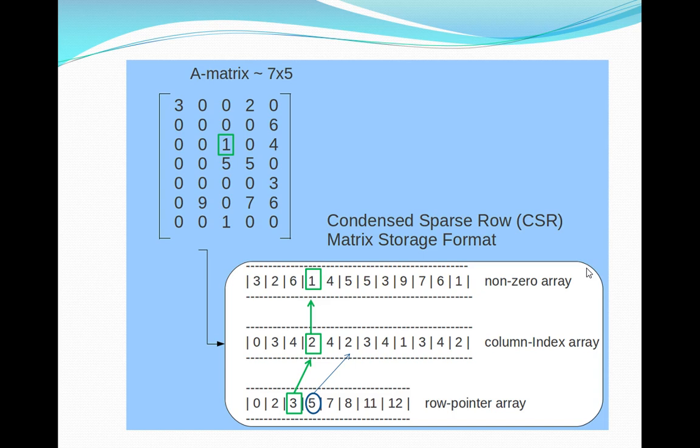Right? Because this is the only one we compressed. That value is 5. Right? So A32 in the matrix is 5.